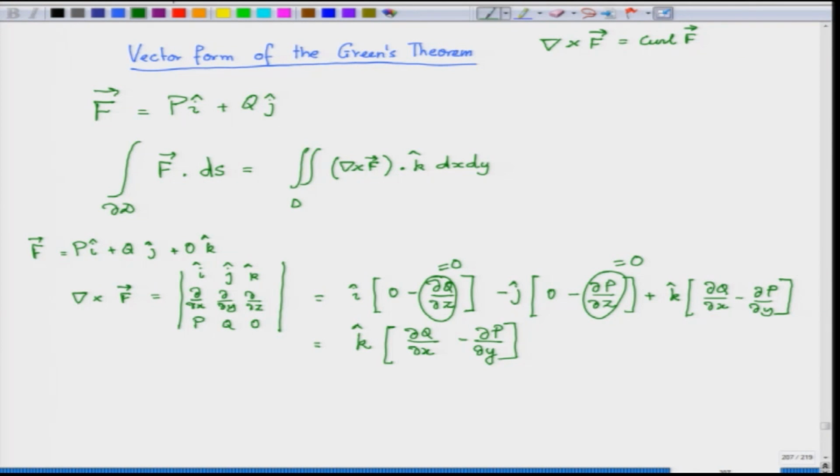And what do I have here? f vector. If I take a dot with k vector, I will simply have this as del q del x minus del p del y, and this simply gives me back the form in which I know Green's theorem.